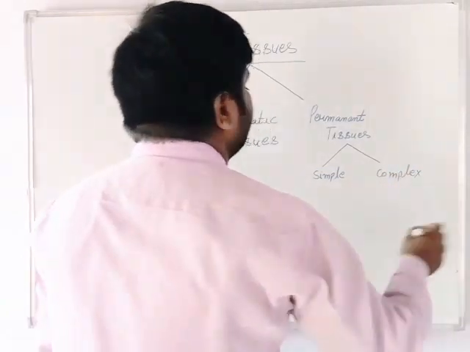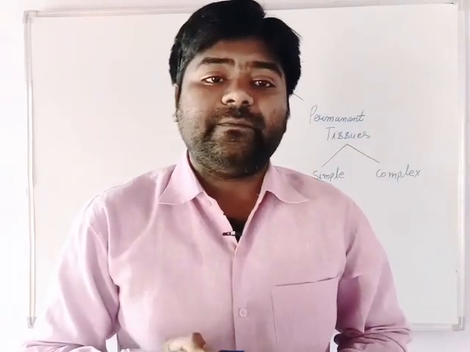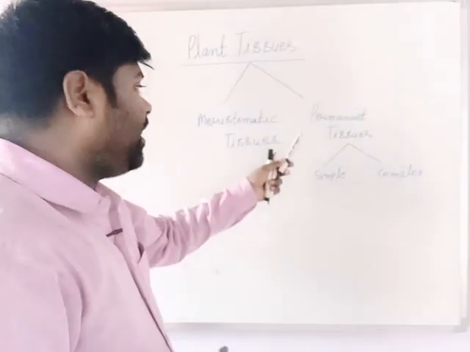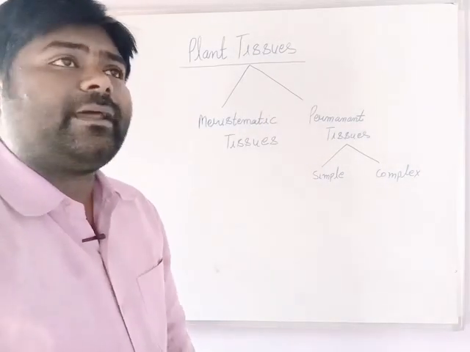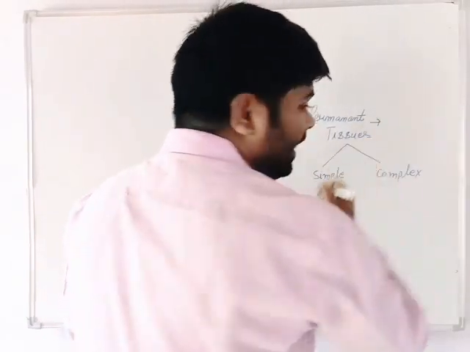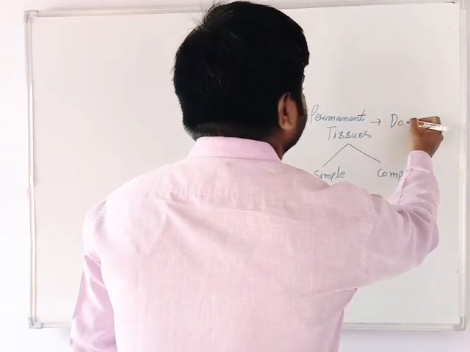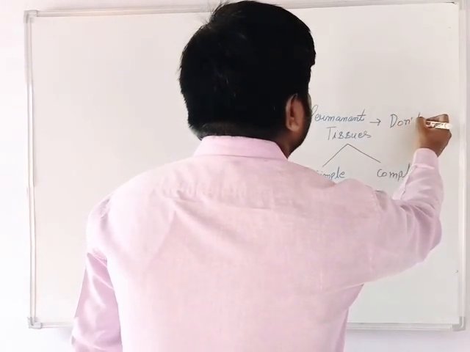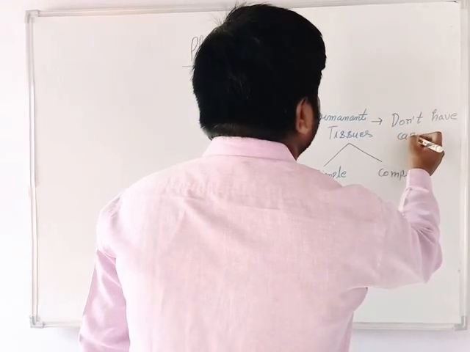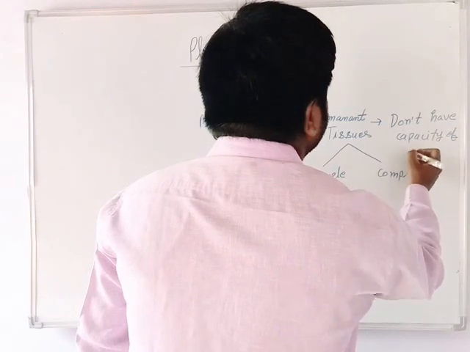We will have the detailing of this later, but what is the basic difference between meristematic and permanent? Permanent tissues do not have the capacity of division. Here we are writing this: they don't have the capacity of division.